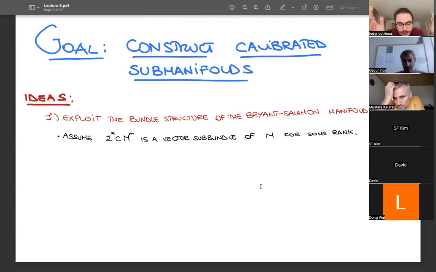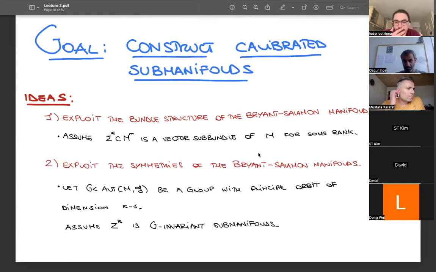We know that the Bryant–Salamon manifolds are vector bundles over some base space. So the first idea is to exploit such a vector bundle structure and consider submanifolds that are vector subbundles of M over some submanifolds of the base.